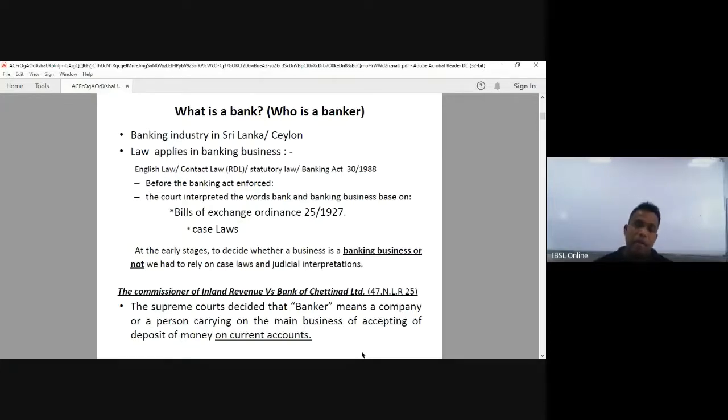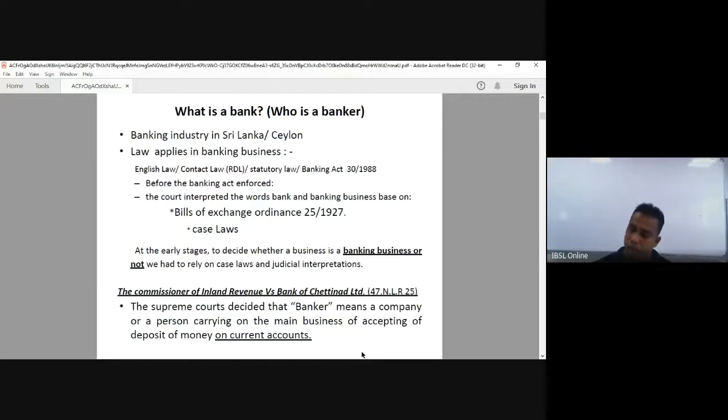Right. Now, we are discussing who is a banker or what is a bank. Under this topic, we are going to understand the legal definition of a bank, and who can be recognized as a bank under the law.